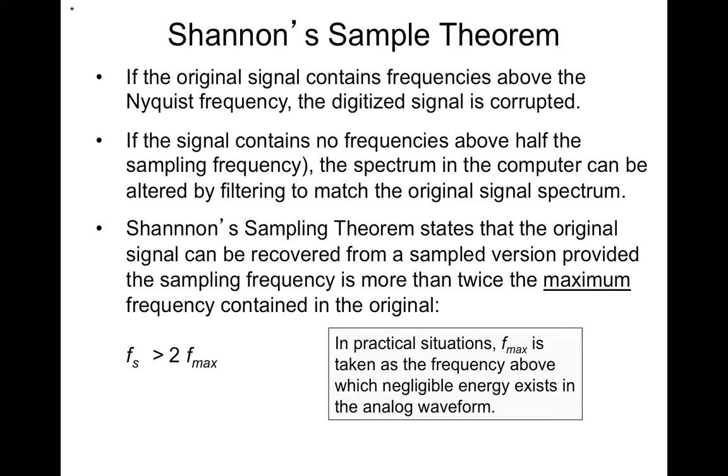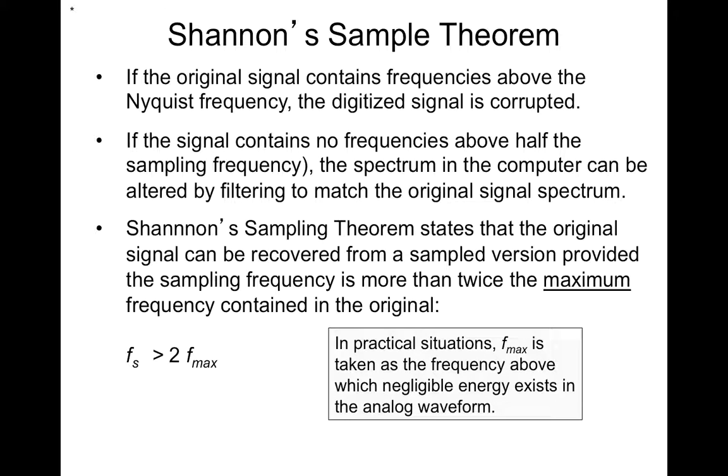So if you're looking at someone's EEG, and there are components in the EEG at 150 hertz, then to adequately represent the EEG, you would need to sample at least 300 samples per second. Otherwise, you wouldn't represent the higher frequency components and you would create an aliasing problem.